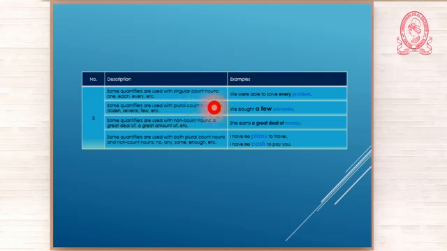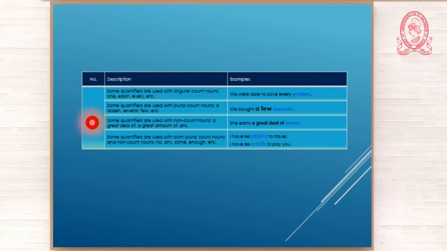We bought a few souvenirs. We bought a few avocados. We bought a few tortillas. So after a few, after several, after dozen, you have a count noun in the plural form.